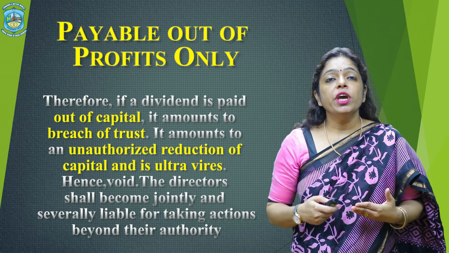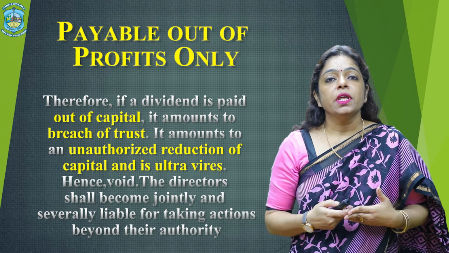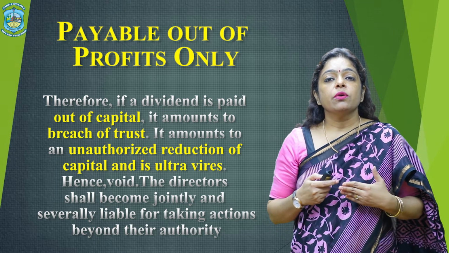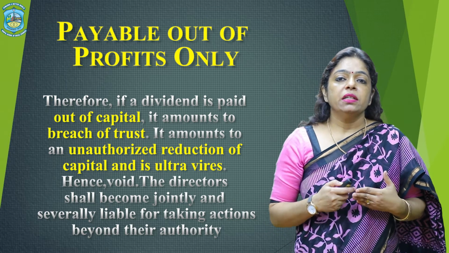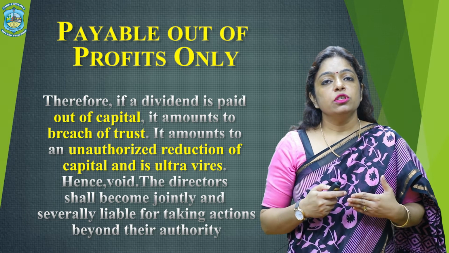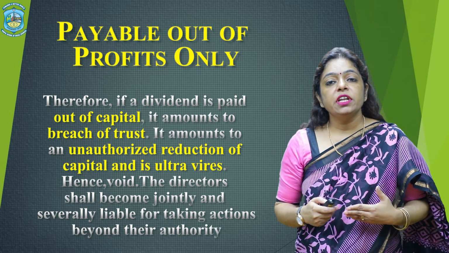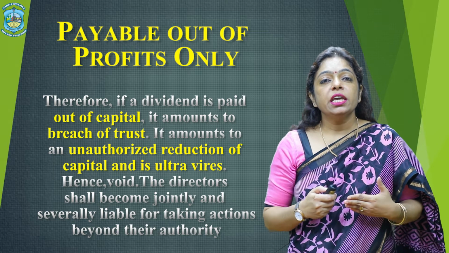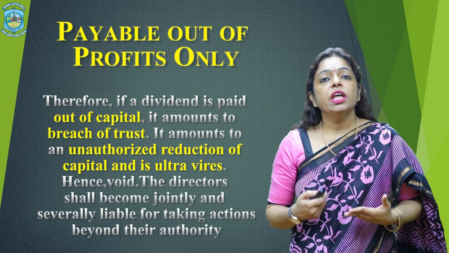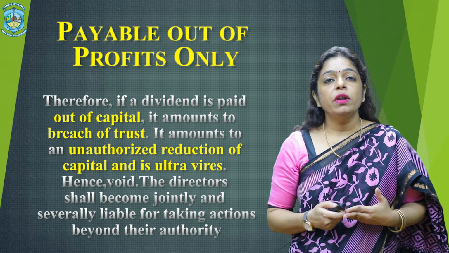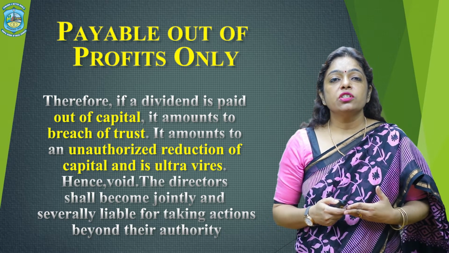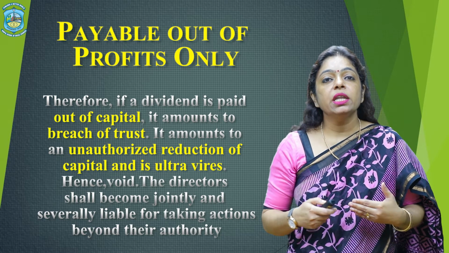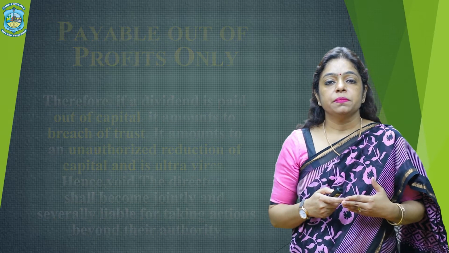That means going against the rule, and therefore it is void. The directors shall become jointly and severally liable for taking actions beyond their authority, or in other words, for taking actions which are not within their authority.